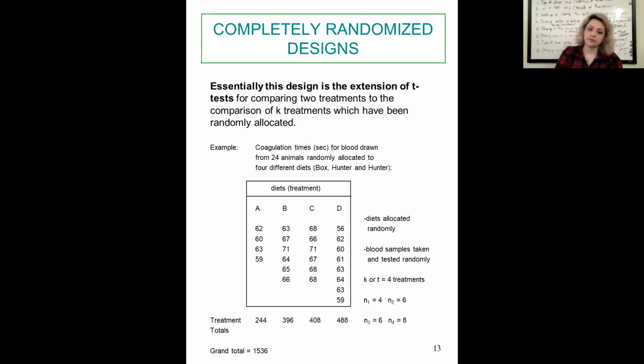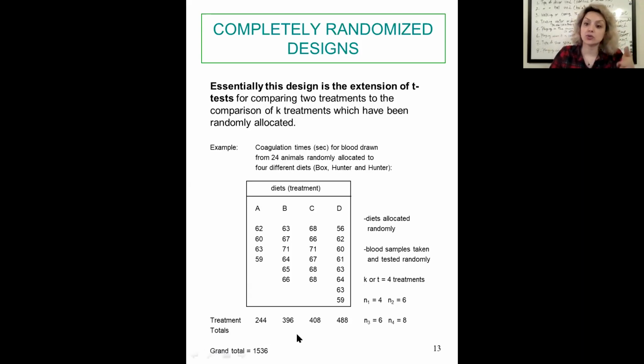And the treatment totals is just adding them, and then you can get the average of each of these treatments as well. For example, you can say 244 divided by 4 is going to give you the average of treatment A, like what's happening inside treatment A or inside treatment B. Then you get the average for treatment B, C, D as well.